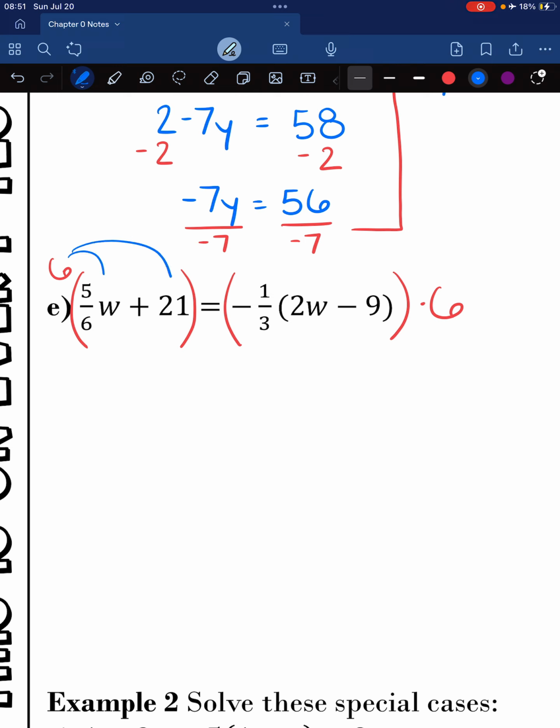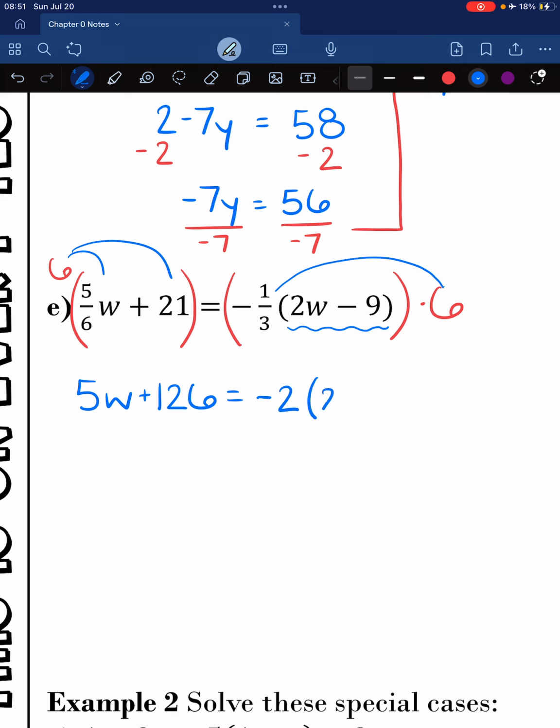Okay, so make sure that we distribute this 6 then, and we end up with 5w plus 126 equals, and remember we talked about earlier, these parentheses almost act like a protection for what's inside. I'm only going to multiply this 6 by what's outside. That's going to kind of absorb it before the parentheses do. And I can distribute it later, I just don't need to right now.